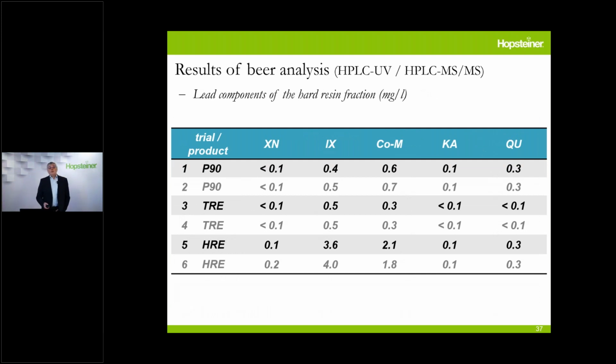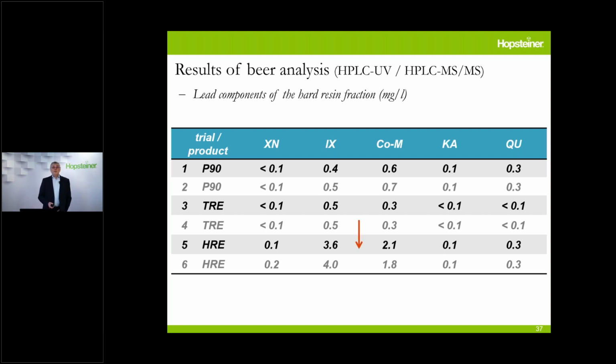And these are now the results of the beers. All beers were produced in duplicate, so you see all the single numbers here. Xanthohumol is not included in the beer, only low amounts in the hard resin extract beers. But there is a higher amount of isoxanthohumol due to the conversion during wort boiling. The multifidol glucoside, the kaempferol glucoside and the quercetin glucoside are given in these beers.